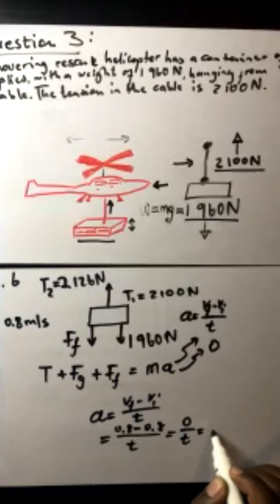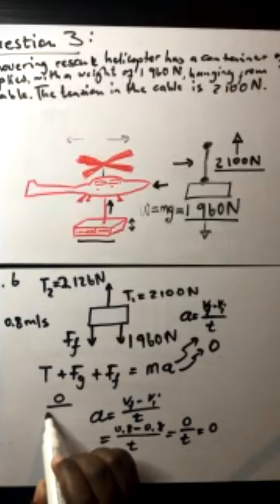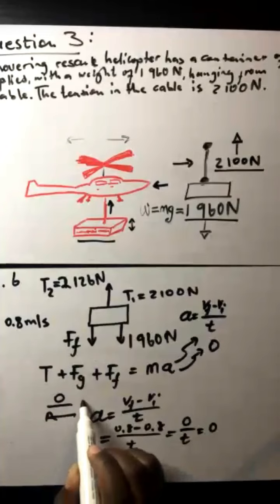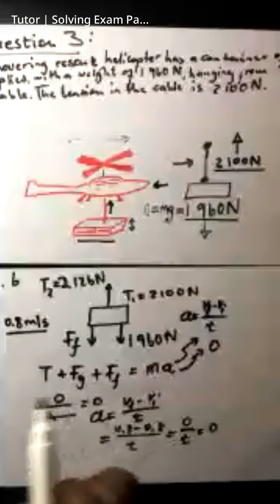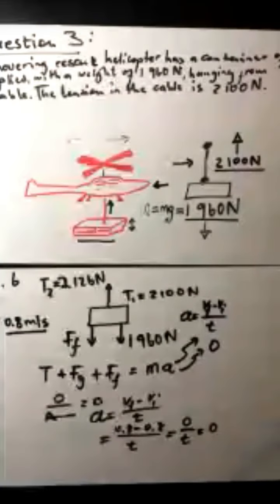Whatever time that you divide with, it's going to be 0, which means 0 divided by anything is equals to 0. So that is the reason why when you have a constant velocity, your acceleration is going to be 0. Before I proceed, I'm not sure if you understand that part, ladies and gentlemen. Does it make sense? Yes, sir.